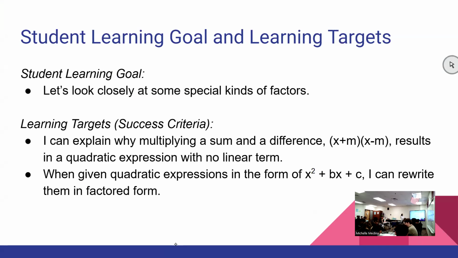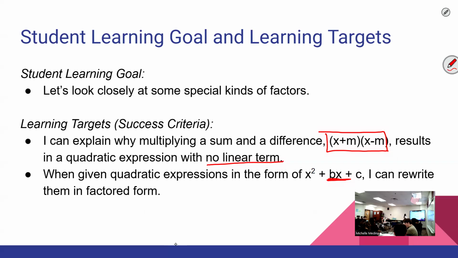If you see something that has no linear term, meaning no b value, like it's just x squared plus c, then you see if it's a difference of squares. When it's factored, it'll look something like this, where they're basically the same exact parentheses, but one has a plus and one has a minus.